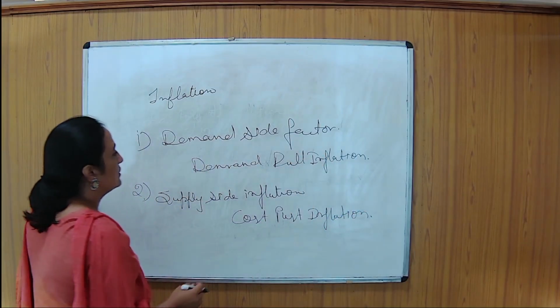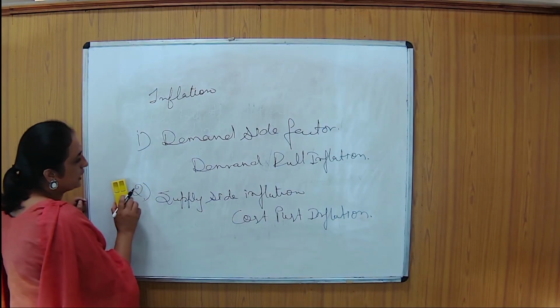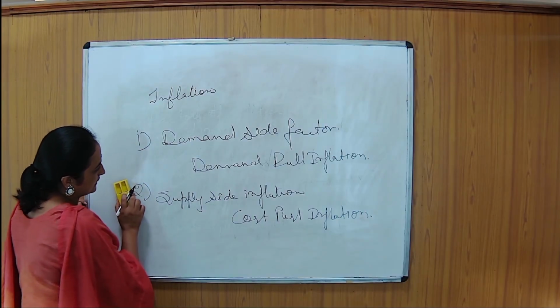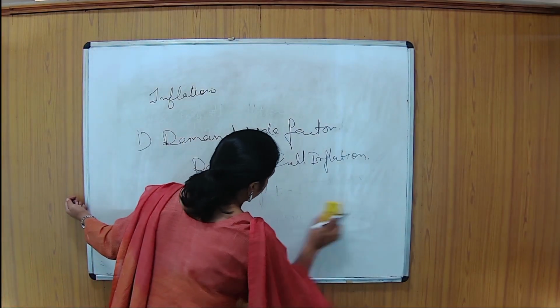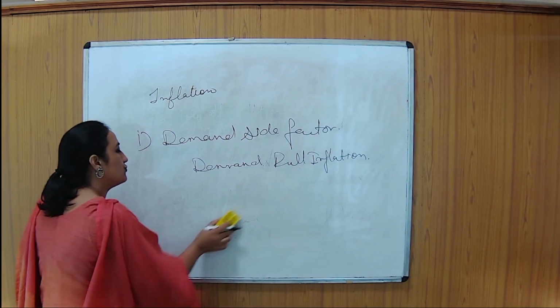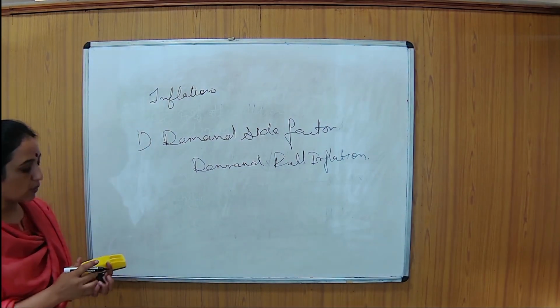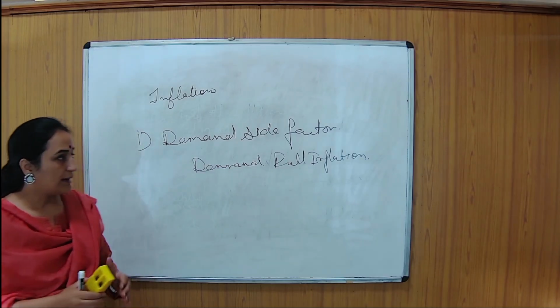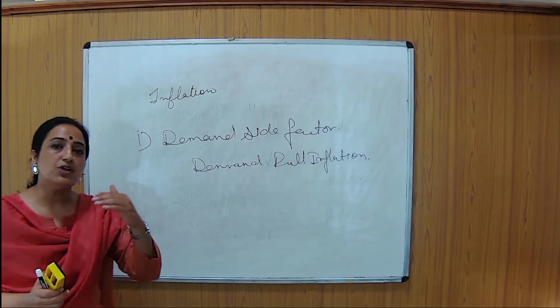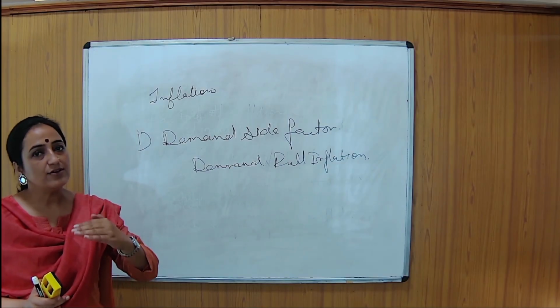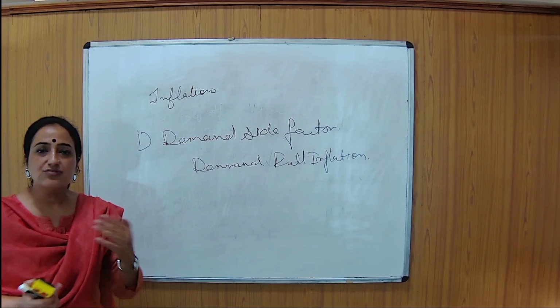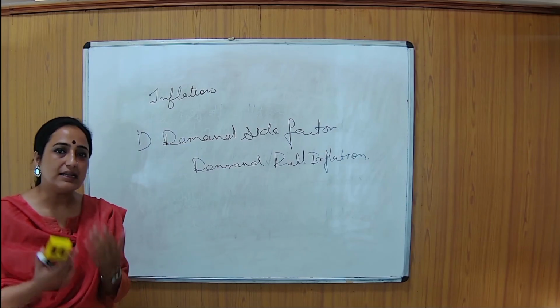So let's start. What do we mean by demand side factor, or demand pull inflation? What happens in an economy? Demand is continuously increasing, but our supply remains constant, because as we know our resources are limited.